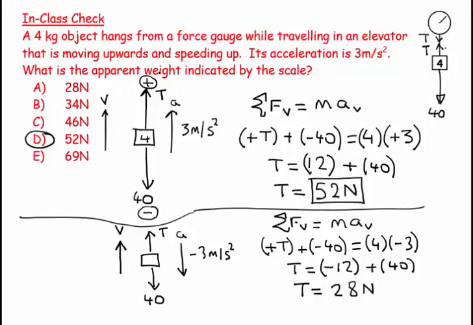If you didn't pay attention, you might not remember or recognize that the apparent weight is equal to the actual tension that the force gauge is pulled by. The apparent weight is this apparent different weight which is caused when your system, the block and the gauge, are accelerating. So there we have it.